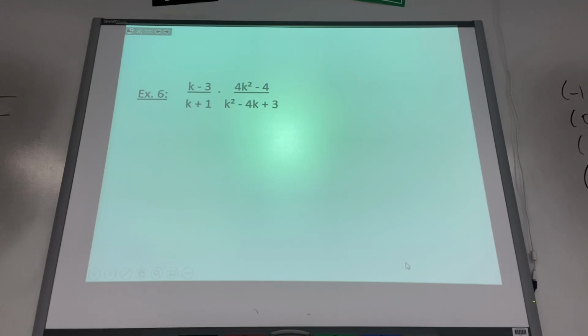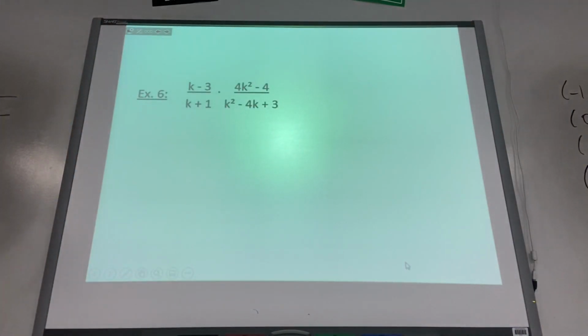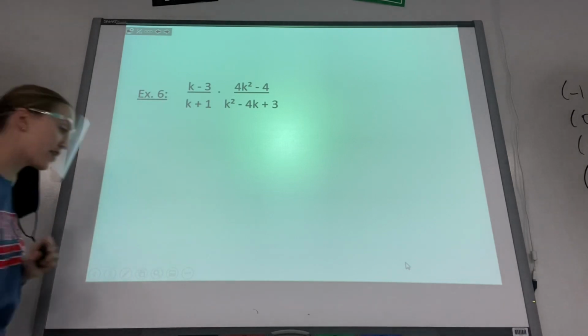We're taking k minus 3 over k plus 1, multiplying it by 4k squared minus 4 all over k squared minus 4k plus 3. So there's two rational expressions. We are multiplying them together.